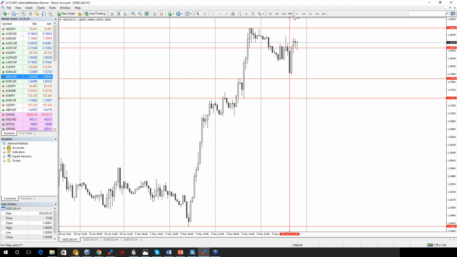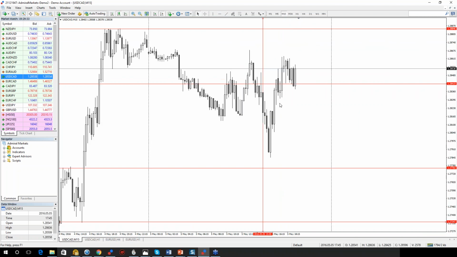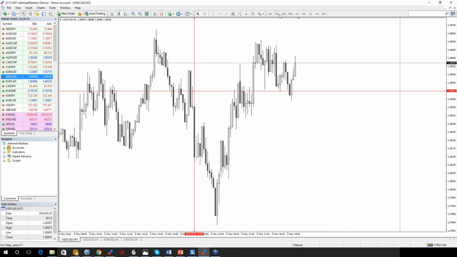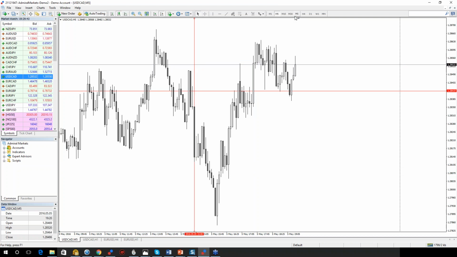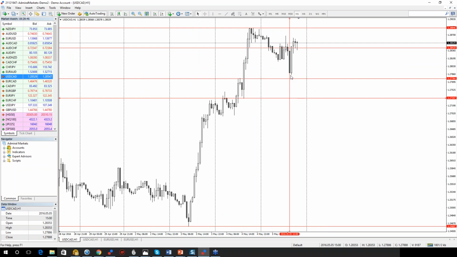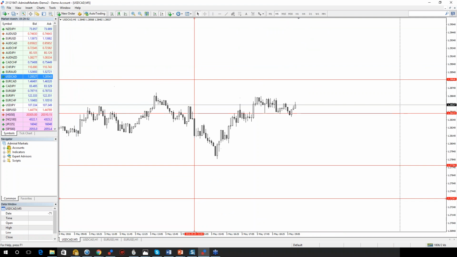Well, let's see what happened. 30 minutes, bearish. 15 minutes, bearish. 5 minutes, oh well, this could have been a good entry. But guys, see the candle close here. So actually there wasn't a big target here.